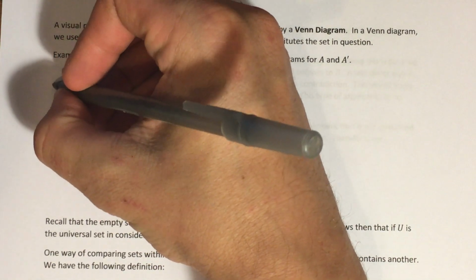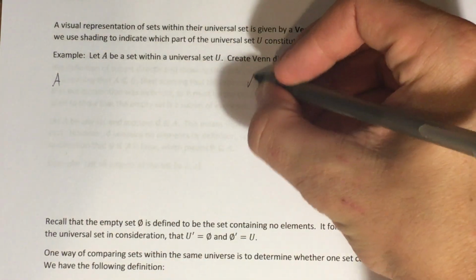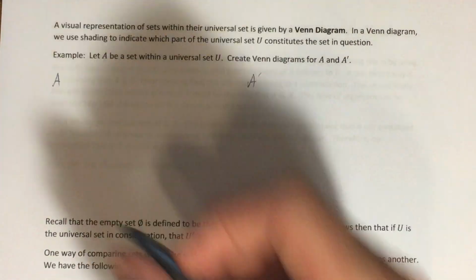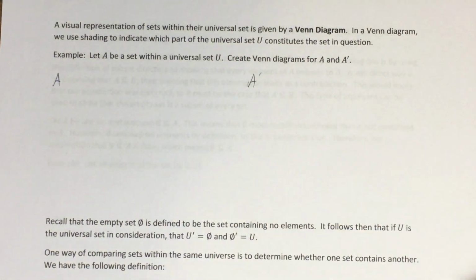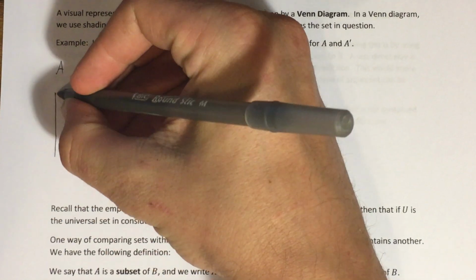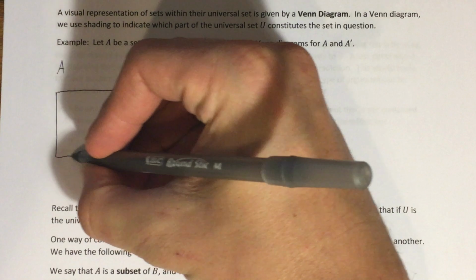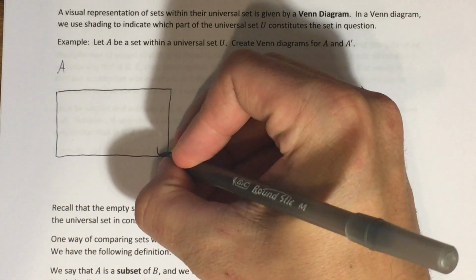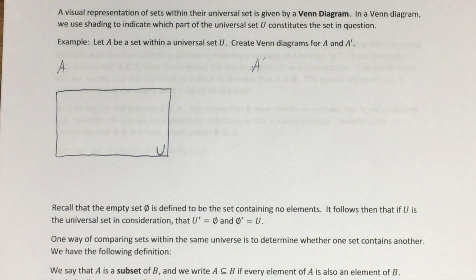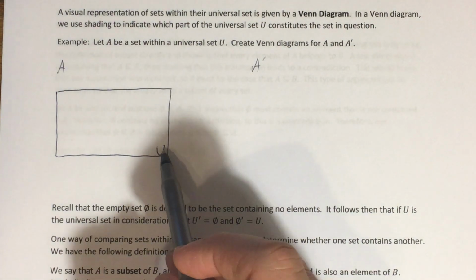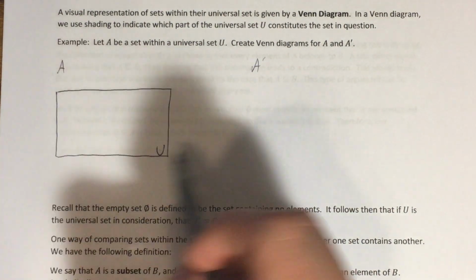So here's going to be the one for A over here, and the one for A complement I'm going to put over here. With a Venn diagram, when we're talking about a universal set, the universal set is going to be depicted by a rectangle like this, and we name that universal set in one of the corners. So I'm going to say that my universal set U is this rectangle.